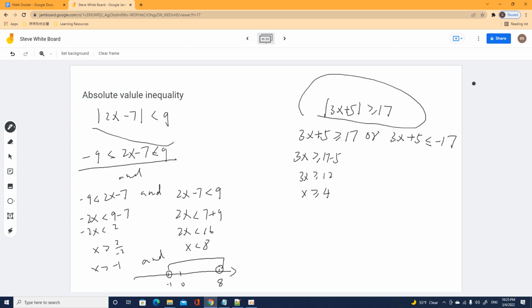We also solve this. So that is the final result: x greater or equal to 4 or x smaller or equal to negative 22 over 3. We express it on the number line.